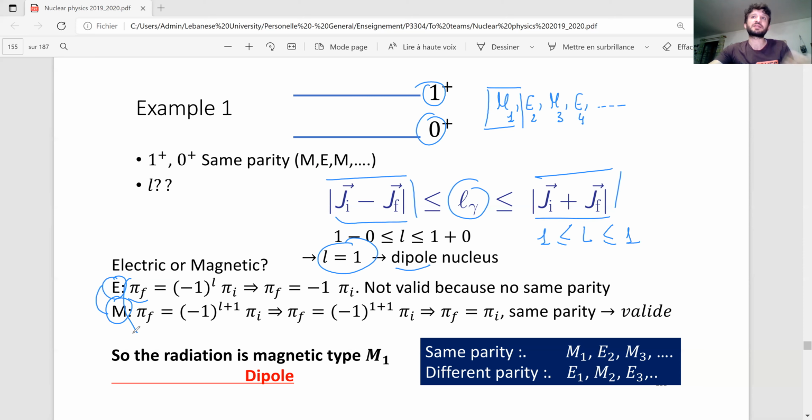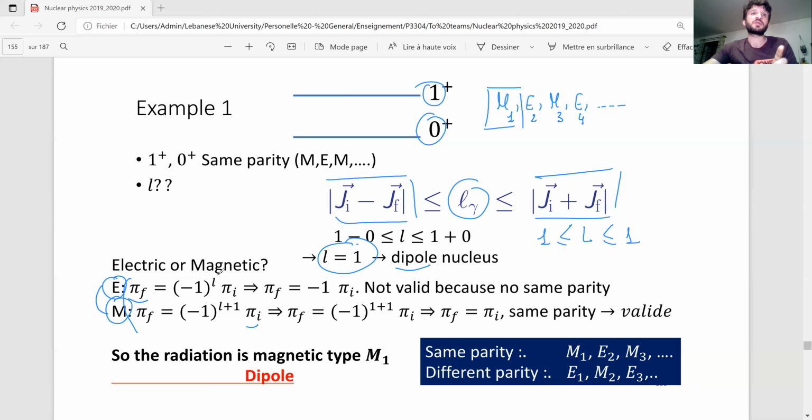In the case of magnetic, we have pi final equals -1 to the power L plus 1 times pi initial. We can substitute the value of L here and here, and we have to validate only the case where pi initial equals pi final.